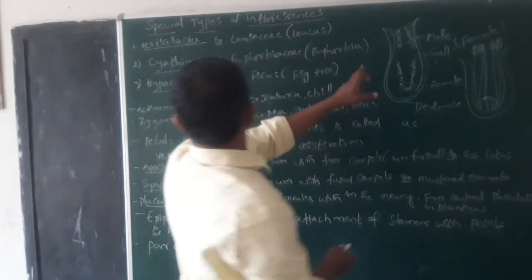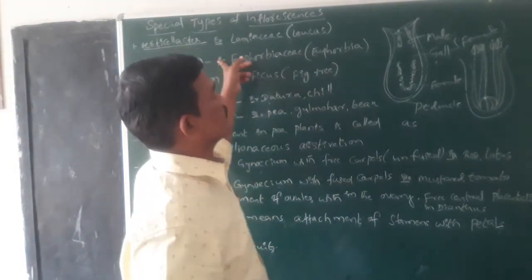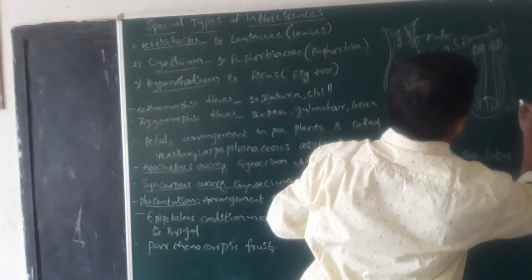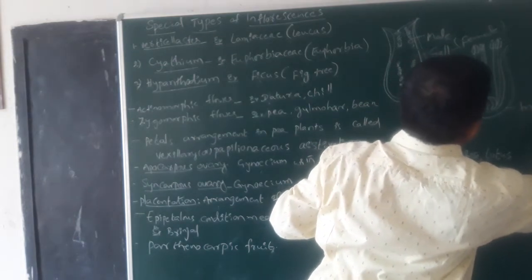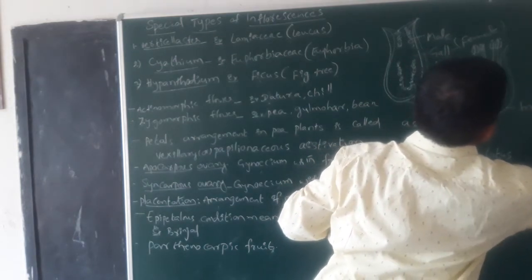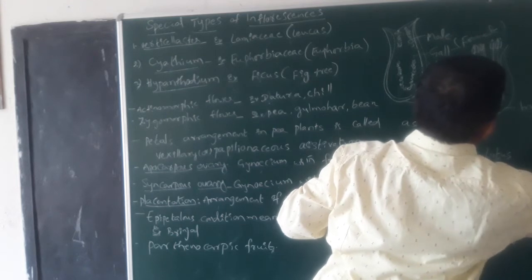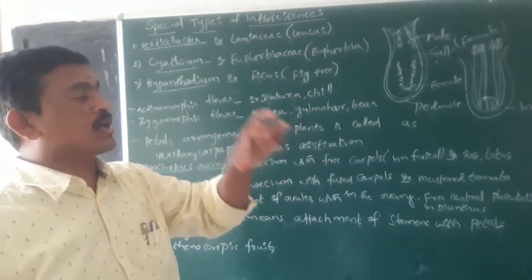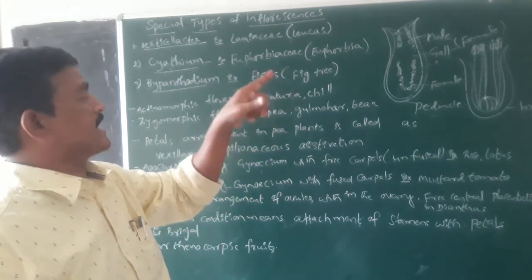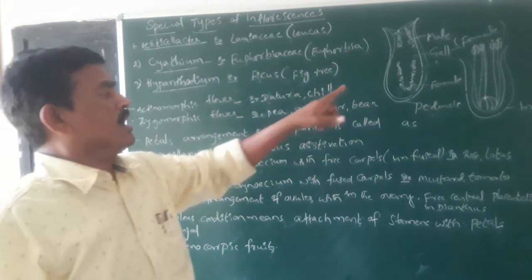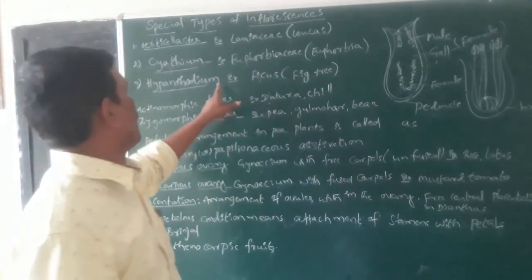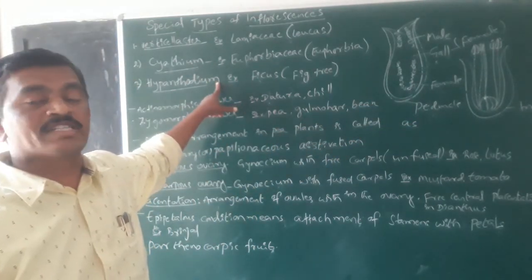Whereas in case of the cyathium inflorescence, the cup-like structure develops from the involucre of bracts. Involucre of bracts. So here the cup-like structure developed from the involucre of bracts is found in cyathium members, whereas the cup-like structure developed from the peduncle is seen in hypanthodium type of special inflorescence.